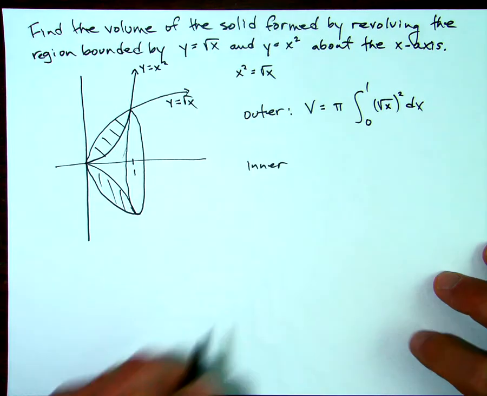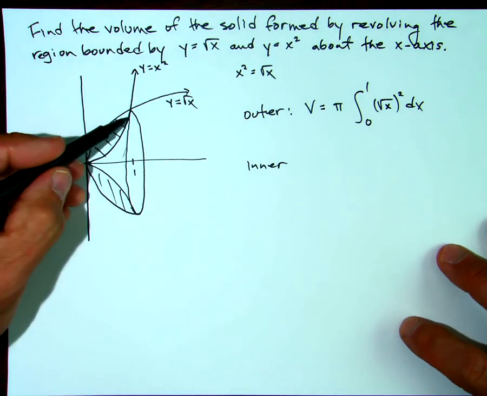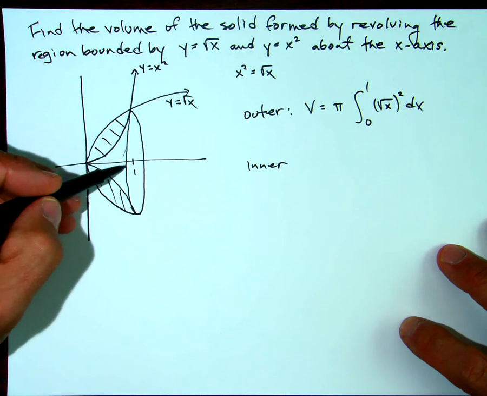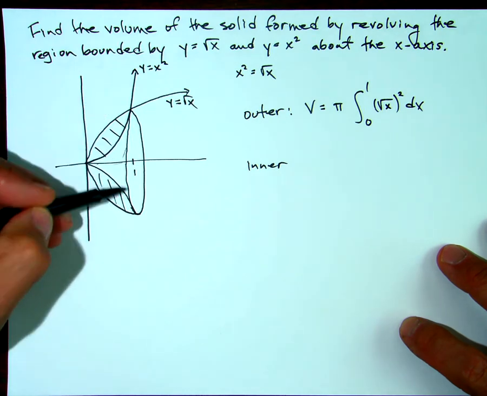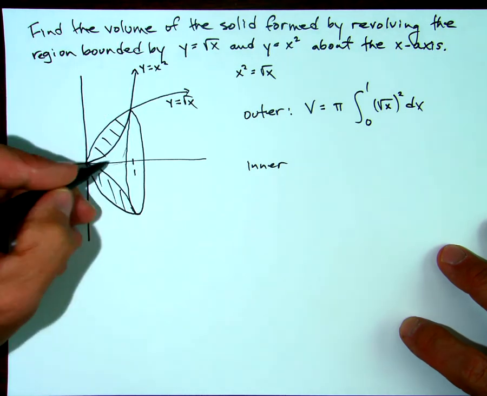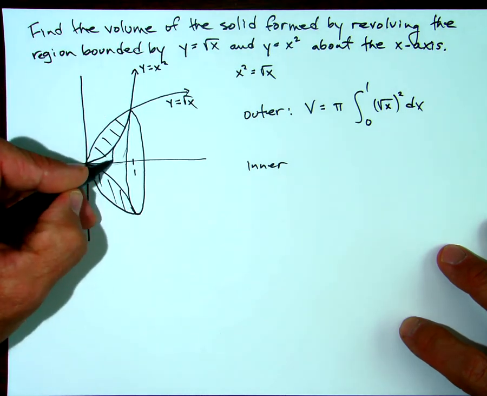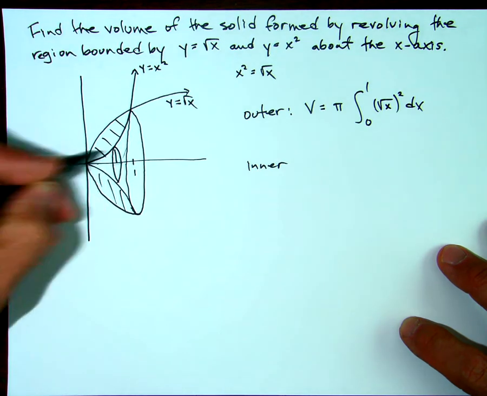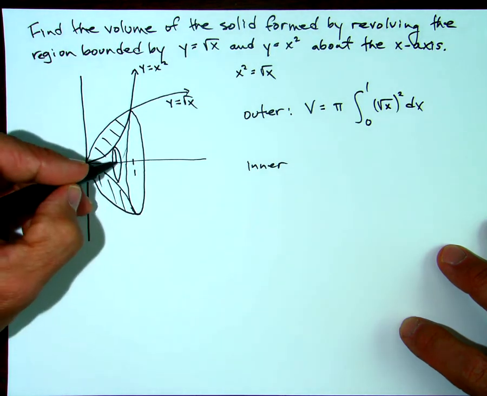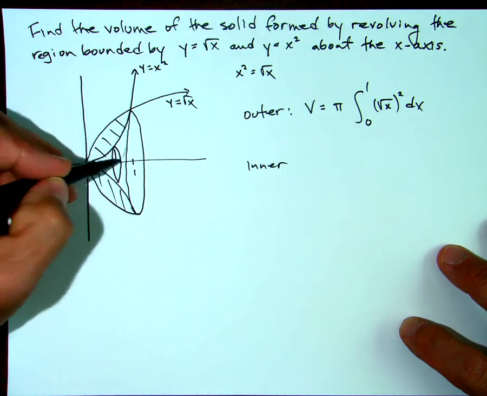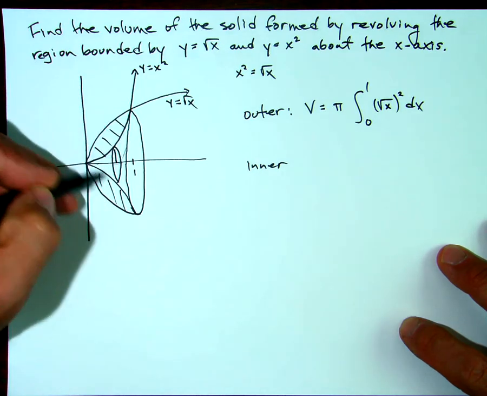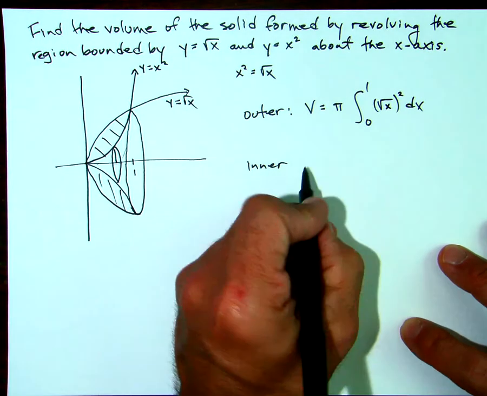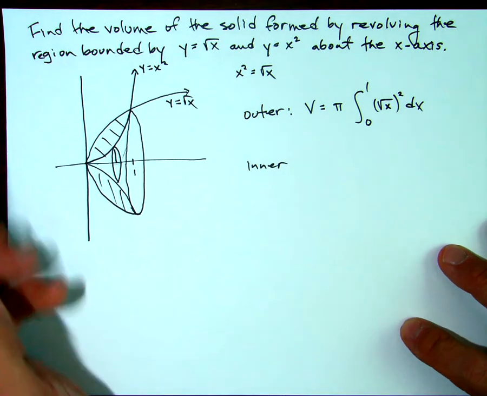One way to think about the inner volume is it's the volume between x squared, so if we just took x squared and revolved it around, we'd have a smaller disk here. Let's think about it like this, right? This is just going to be y equals x squared. That's what that radius is going to be. So if we take this inner volume and subtract it off from the outer one, then that would give us the volume that we're looking for.